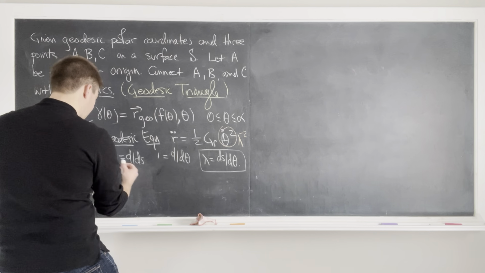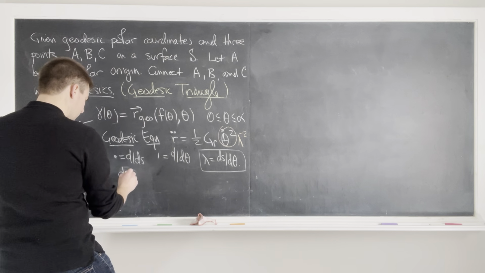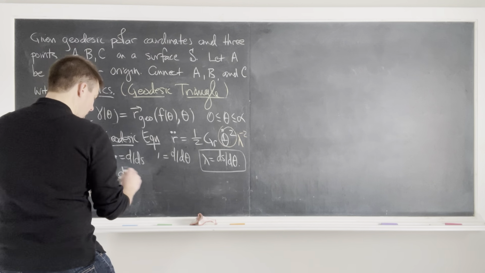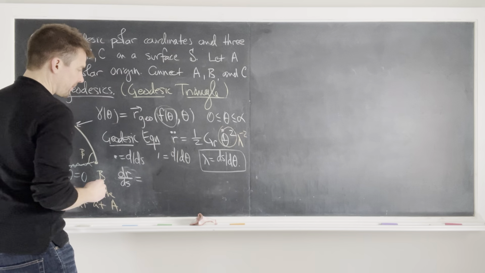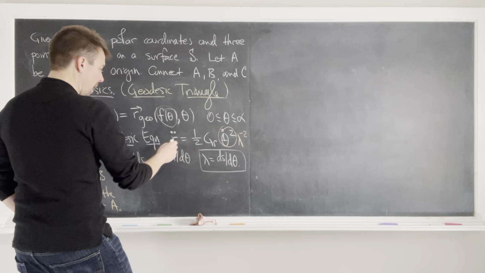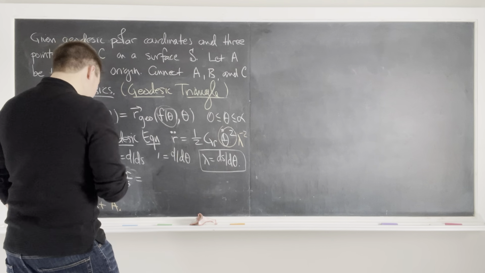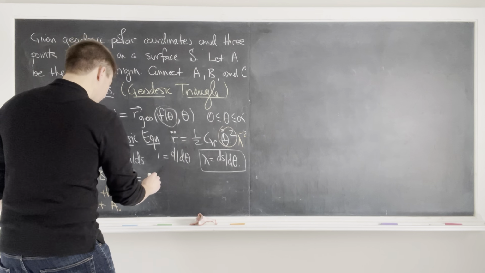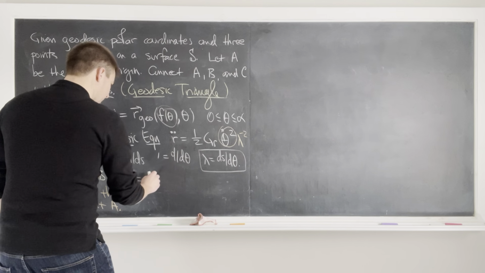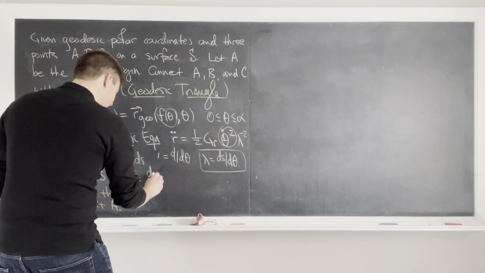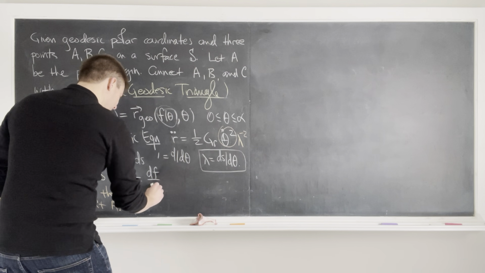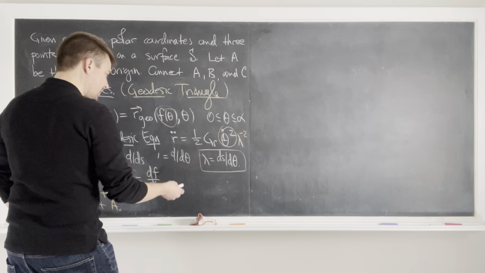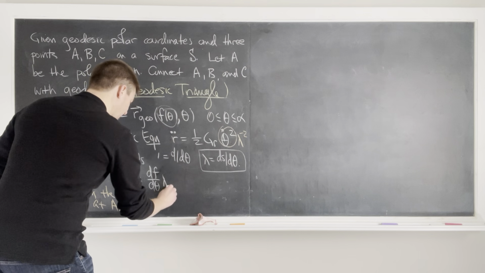So this is dr ds, which is really, well, that's my f of theta, right? That's my r component on the curve. So my r is really f here. dr ds is really df d theta, so I can write this as df d theta times d theta ds, and d theta ds is lambda to the negative 1, right?